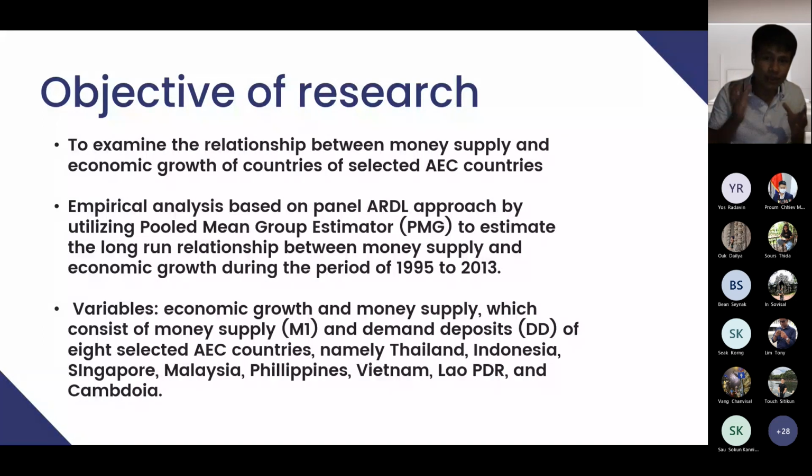They try their best to come up with a good model. But here, what they say is that they only want to estimate the relationship between money supply and economic growth. That is why in this paper, the author did not include any relevant independent variables. They only include just 2 or 3 variables: money supply, demand deposit, and GDP growth rate.